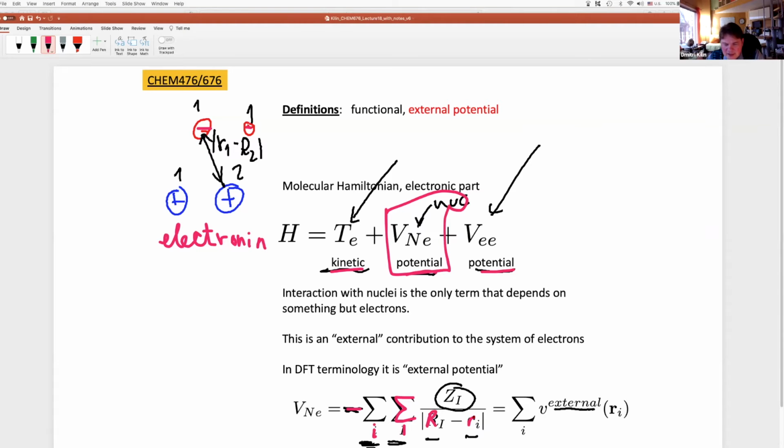But in the community of density functional theory, this mathematical expression is referred to by the term external potential.